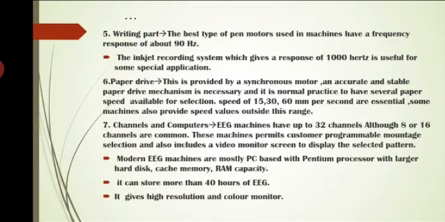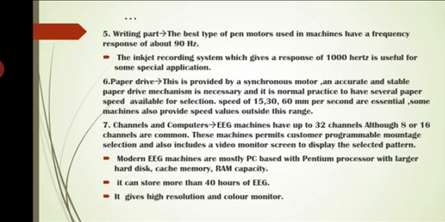Fifth, writing part. The best type of pen motors used in machines have a frequency response of about 90 Hz. The inkjet recording system, which gives a response of 1000 Hz, is useful for some special applications. Sixth, paper drive. This is provided by a synchronous motor.